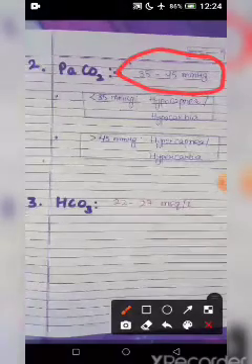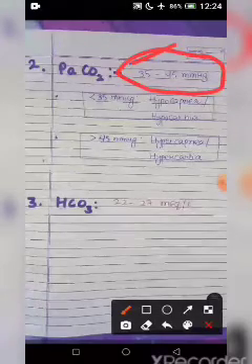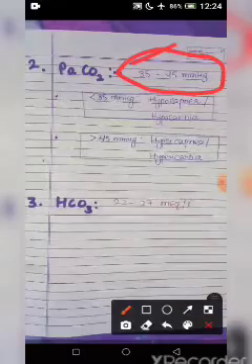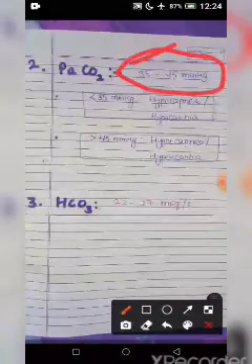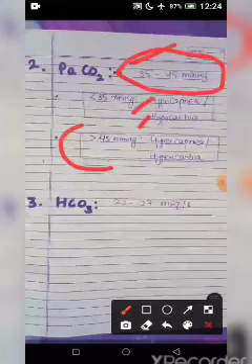So we know the normal range is 35 to 45. Less than 35 mmHg carbon dioxide level indicates hypocapnia or hypocarbia, and more than normal levels, that is more than 45 mmHg, indicates hypercarbia.